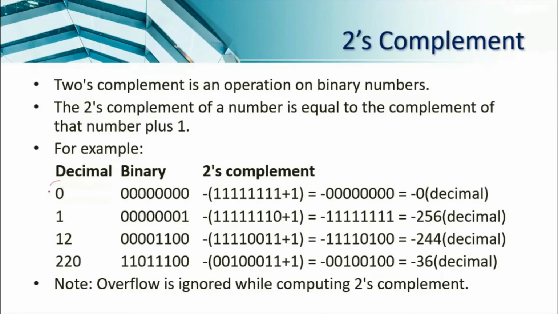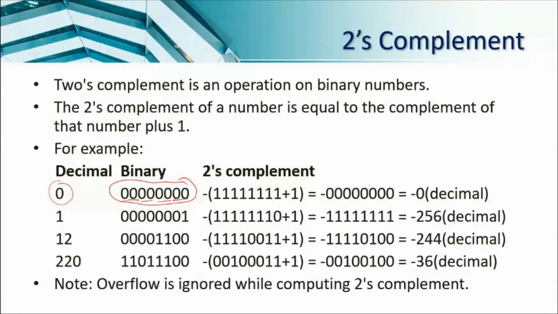We consider the decimal value 0. Then the binary value. Since we represent a decimal value using 1 byte, there will be 8 positions, that is 8 bits.